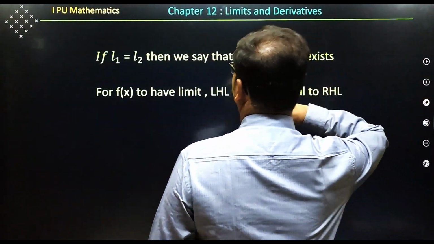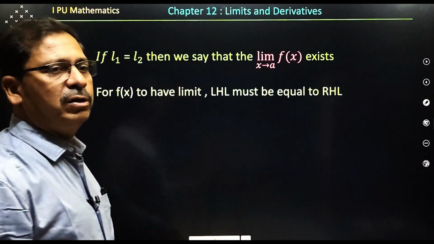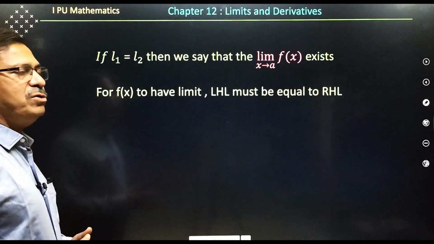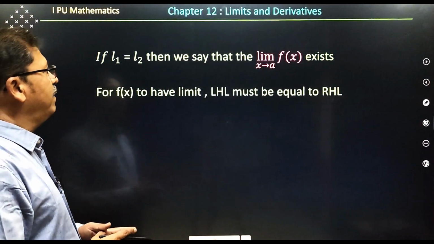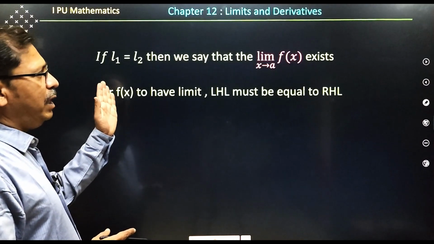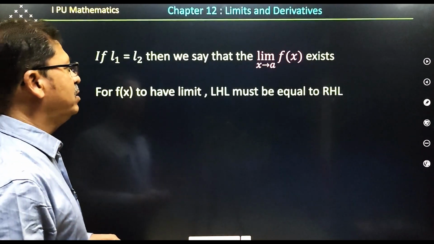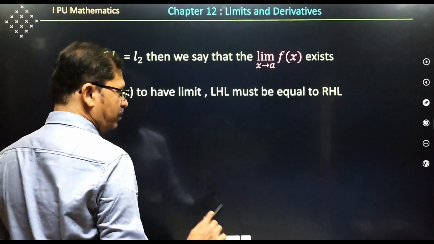And one more very important thing you remember: for the limit as x tends to a of f(x) to exist, the left hand limit and right hand limit must be equal. So please concentrate here.